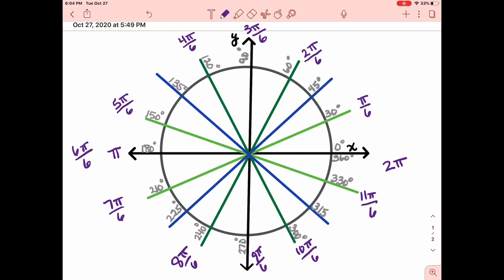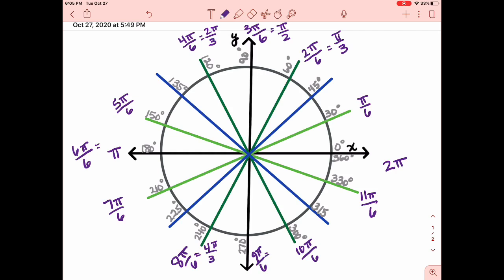I can simplify some of these. This becomes pi over 3. This becomes pi over 2. This becomes 2 pi over 3. This becomes pi. This becomes 4 pi over 3.